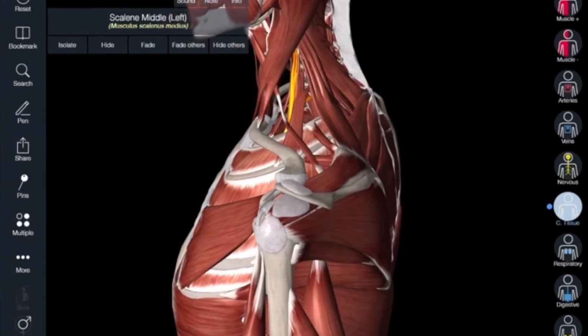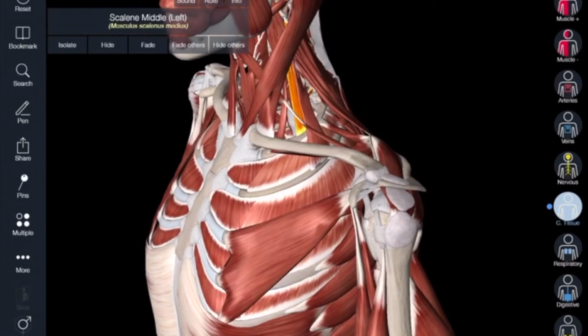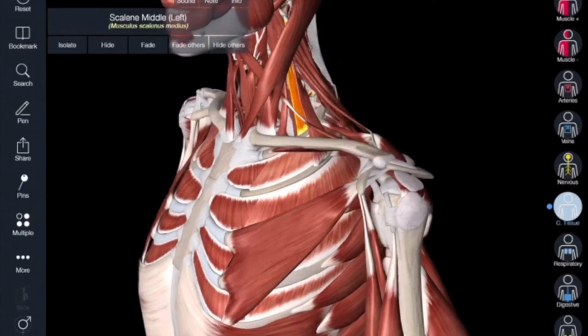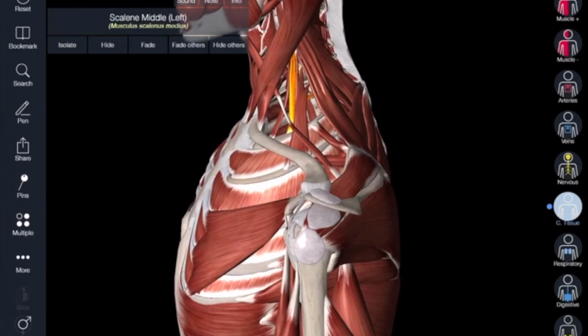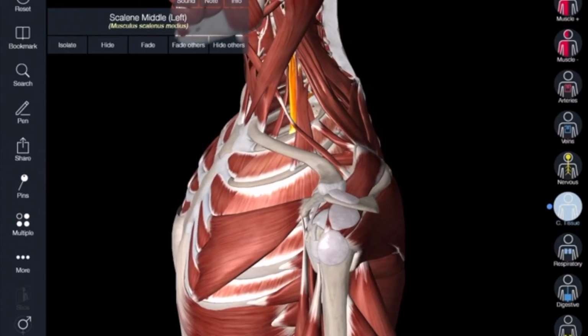And one of the times that scalenes really show up with pain and tension and problems is in the weeks following a whiplash injury. So in a whiplash injury, the ligaments of the neck, if they get torn or injured, then they are going to require 6 to 8 weeks to repair, because that's how long it takes for ligaments to repair.